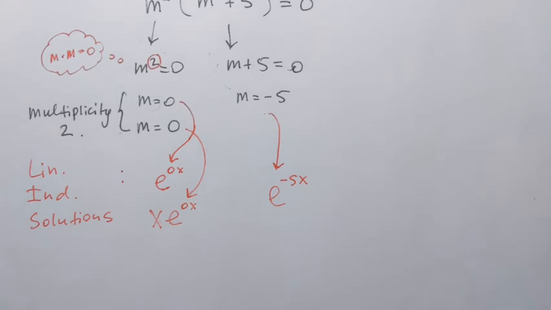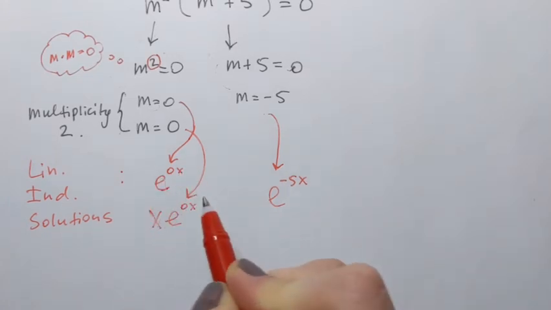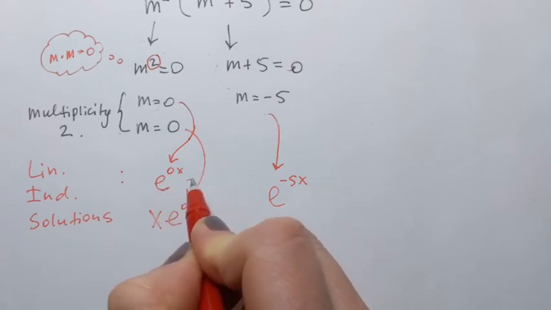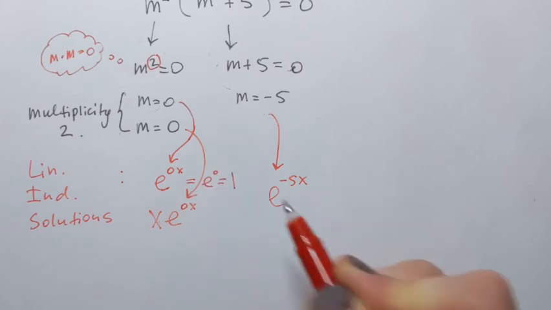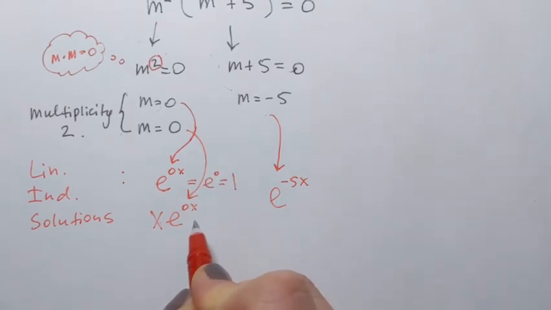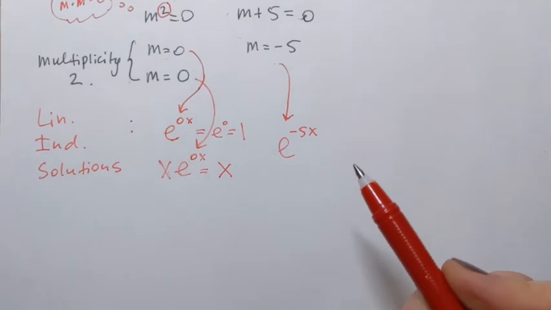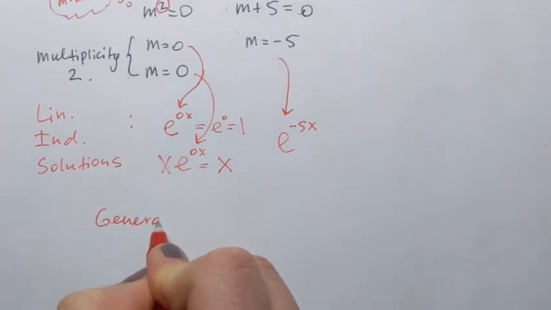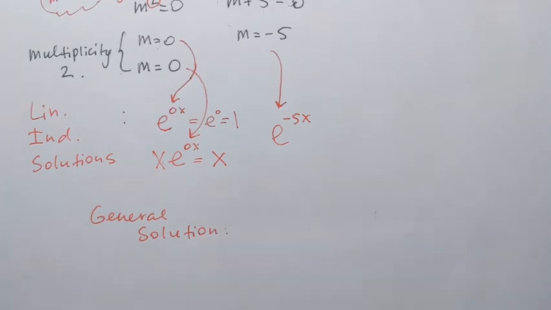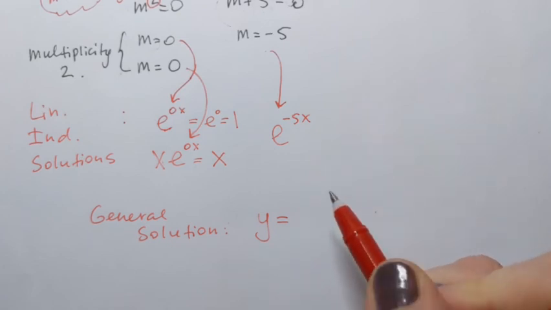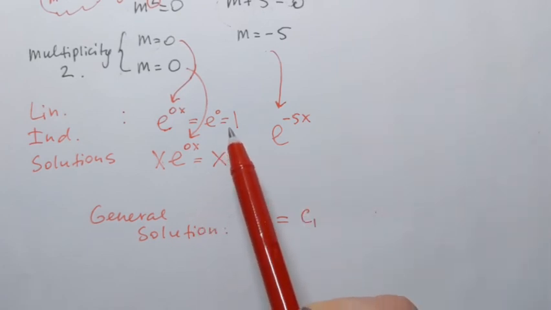So the general solution is just basically taking all those linearly independent solutions and putting them together into a linear expression. I can simplify a couple of things here: e to the power 0x is the same as e to the power 0, which is the same as just 1, right? And here, same story, so I'm going to get just x. And now that I cannot simplify. So, the answer, which is the general solution, is going to have this form: y equals, and then we take arbitrary constant c1 and multiply it by the first linearly independent solution.